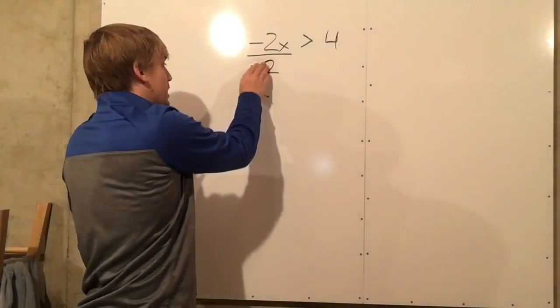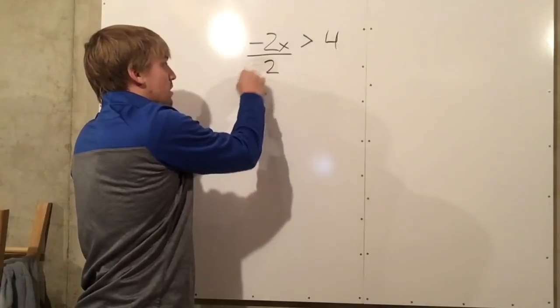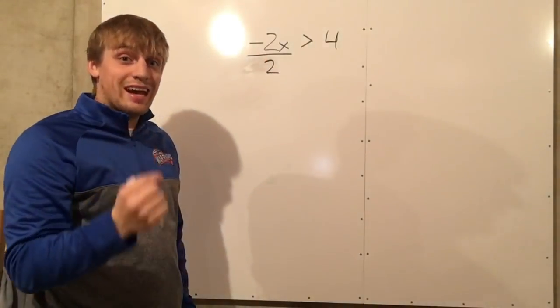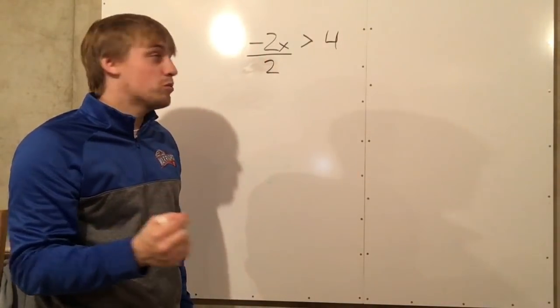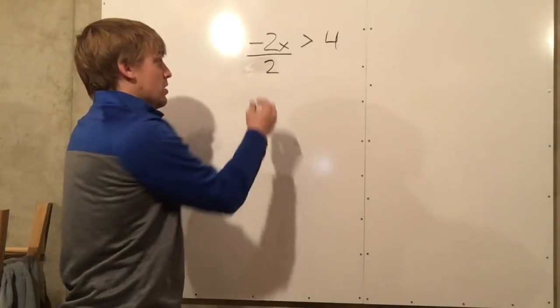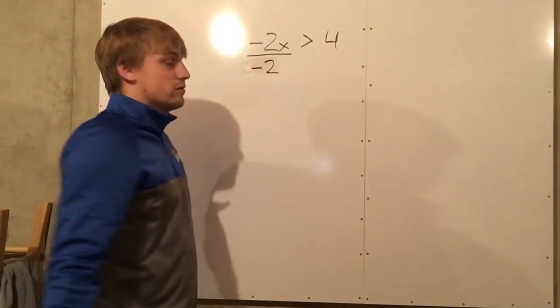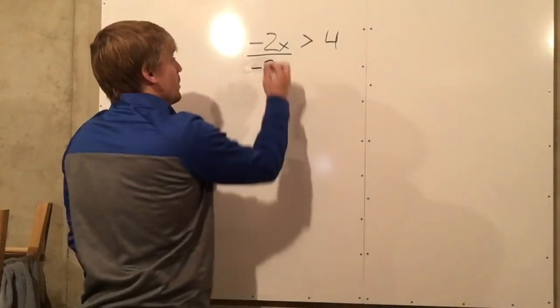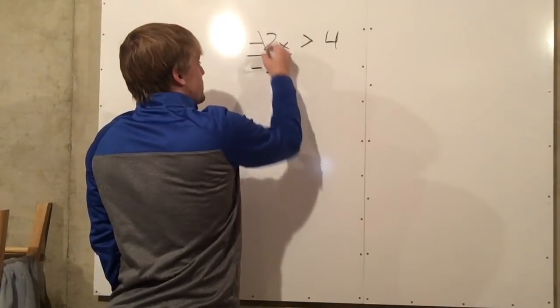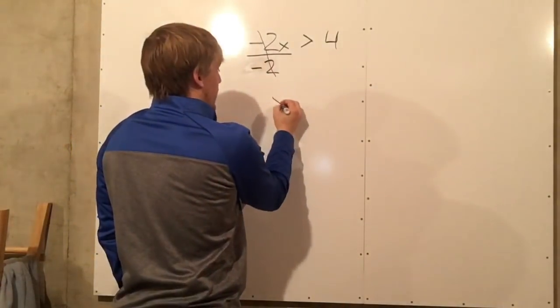If we just divide by 2, negative 2 divided by 2 is negative 1, which would not get the x alone. So we have to divide by negative 2. This cancels, and you're left with x.